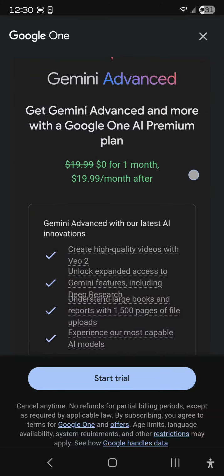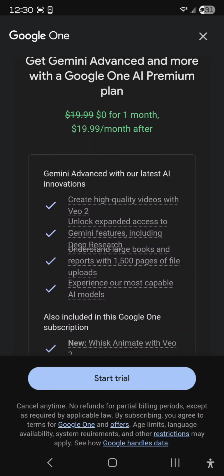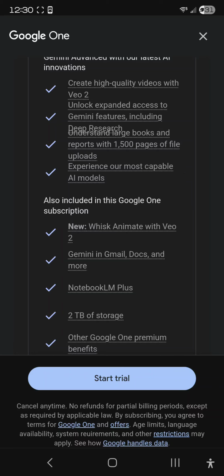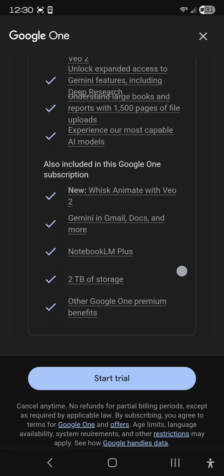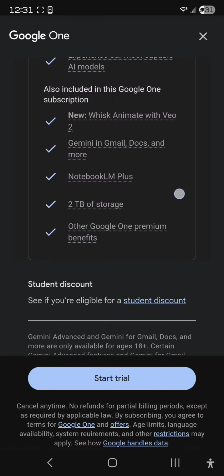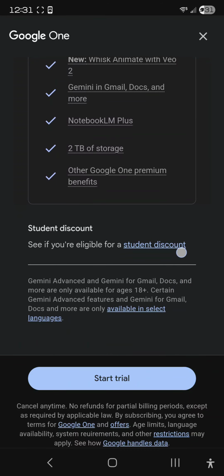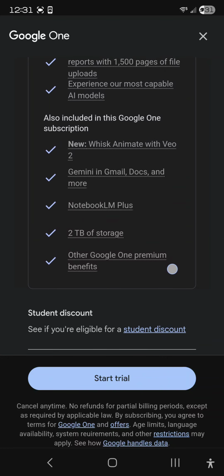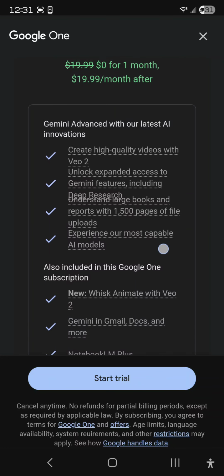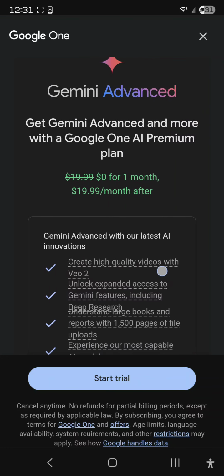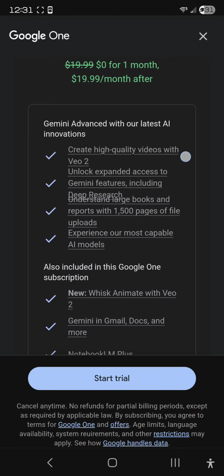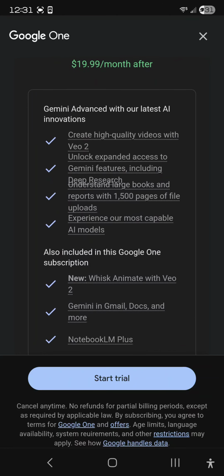It's $19.99 a month for May 2025. And what you get, and that's pretty much it. I guess once you're into that, you can opt for more advanced plans. I'm not going to start any trial because I tend to forget, and then I get charged unexpectedly because I didn't remember.